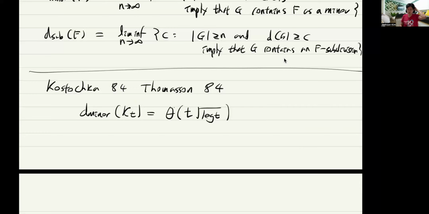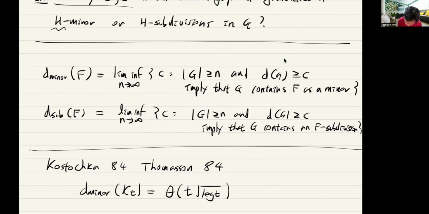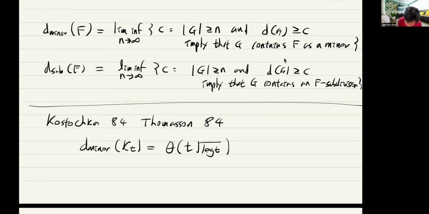So they showed that if you have more than some large constant times t times square root of log t edges, I mean the average degree is more than that, then it contains a K_t minor.